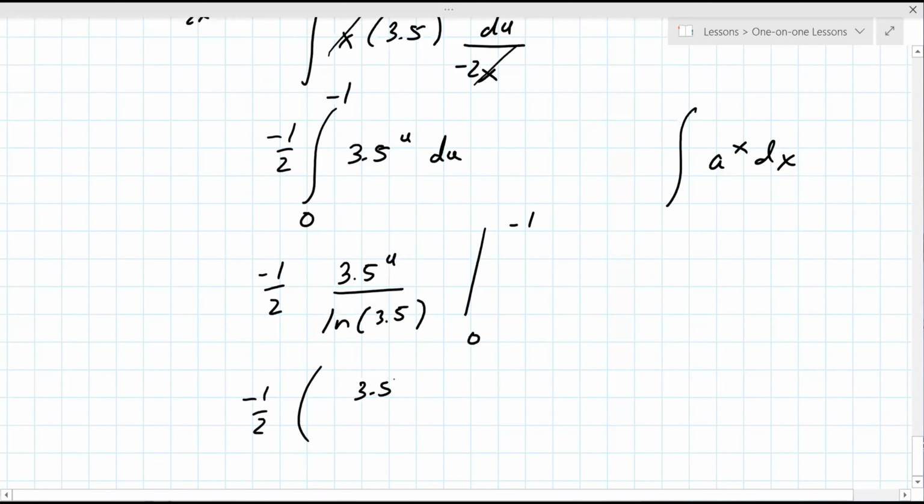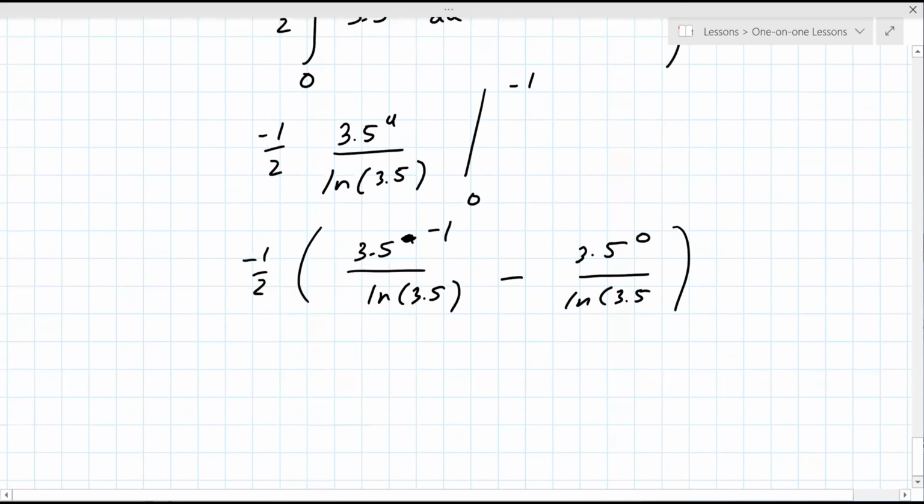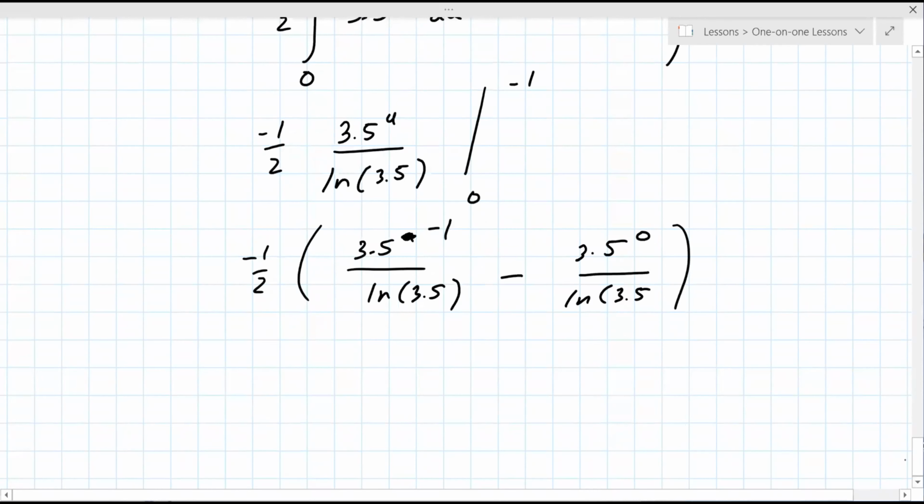You get 3.5 to the minus 1 power over natural log 3.5, minus 3.5 to the power of 0 over natural log 3.5. And you get a mess here. So in this case, it's probably better just to enter the whole thing as is. You don't have to simplify.